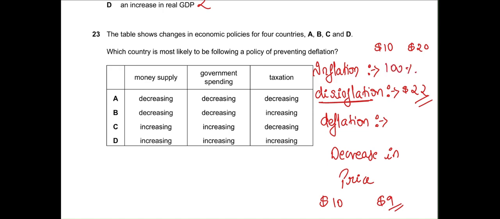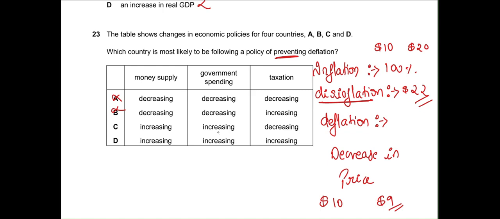So that is inflation. All right. So now the question is, which country is most likely to be following a policy of preventing deflation? So basically, in which situation will the price not decrease? So that is the question. So money supply should obviously be increasing. If money supply is decreasing, demand will decrease, price will decrease. So both of them should be eliminated. Let's see.